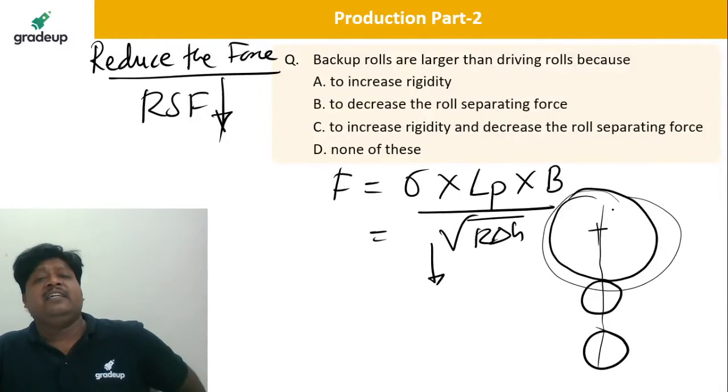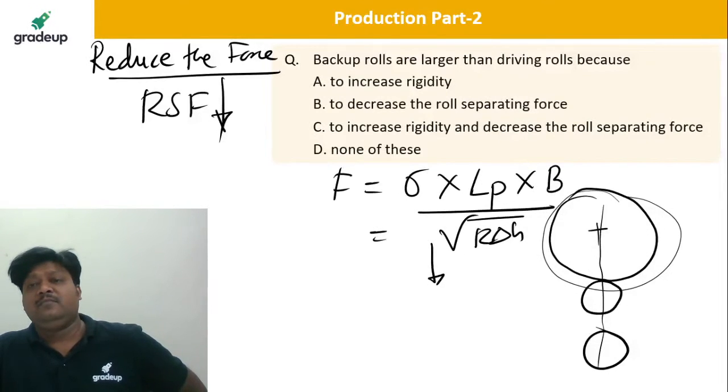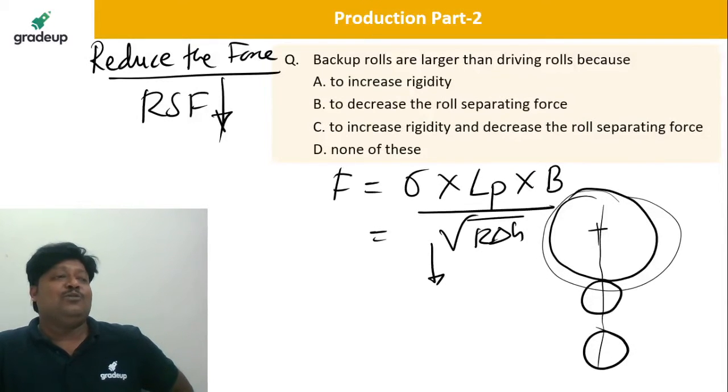They are just increasing the rigidity of the setup. Backup rolls are not going to separate the load. The load is going to be reduced by the smaller rollers, not the backup rollers.